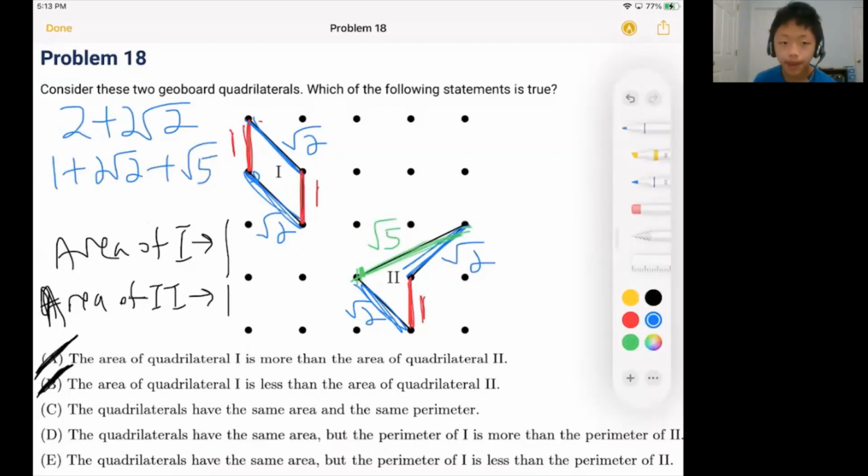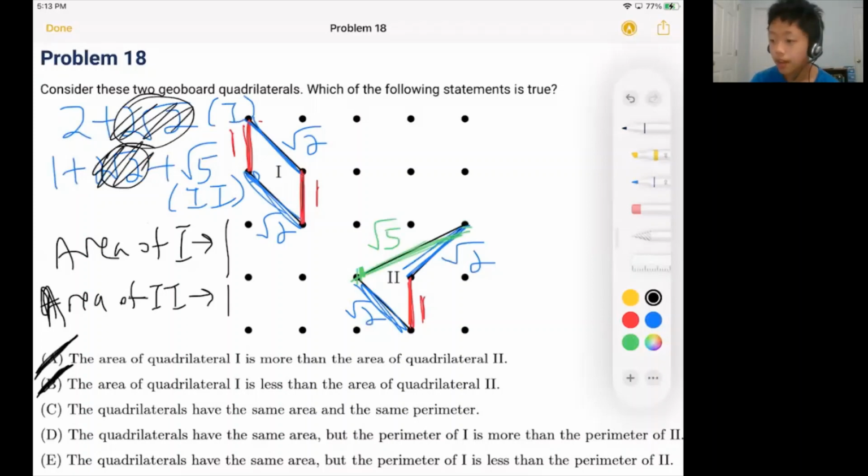So now we have to compare these two perimeters. This is the perimeter of quadrilateral 1, and this is the perimeter of quadrilateral 2. Notice that they both have this 2√2 in them, so we can just ignore them. Now we just have to compare which one's bigger, 2 or 1 plus the square root of 5. The square root of 5 by itself is already bigger than 2, right?